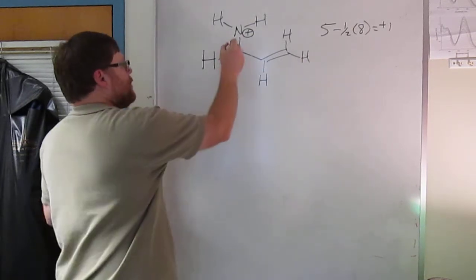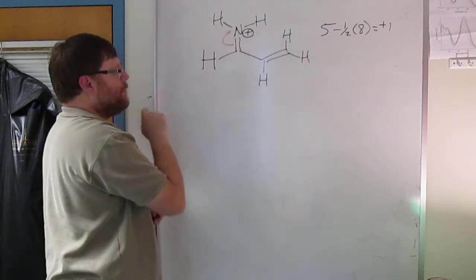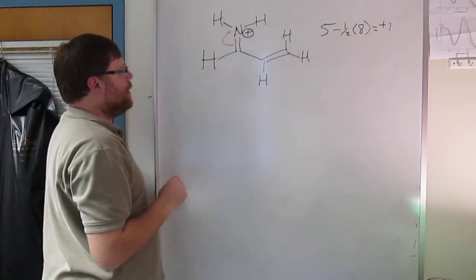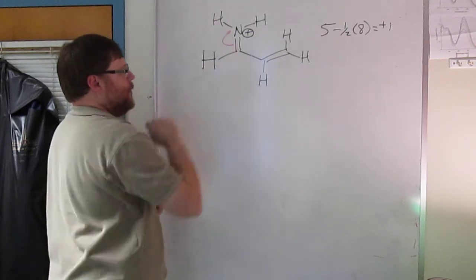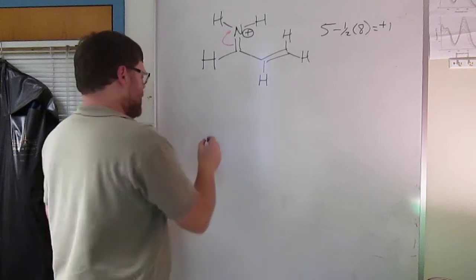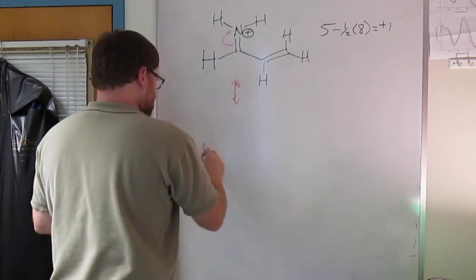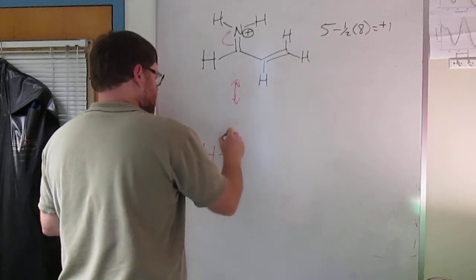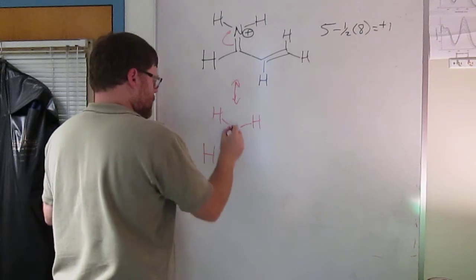So let's draw a resonance structure. We can pop these two electrons up. That'll neutralize the nitrogen, right? I've got a positive nitrogen, move electrons to it. That neutralizes that nitrogen. But I'm taking electrons away from a neutral carbon. That should make that carbon positive. Right?